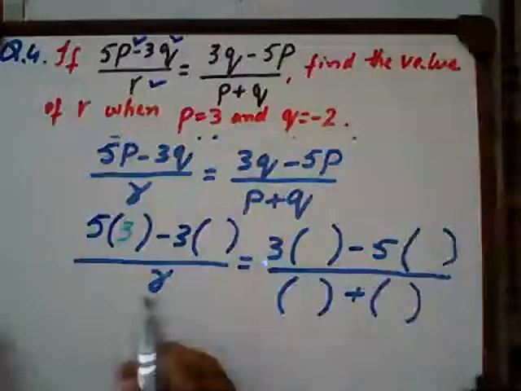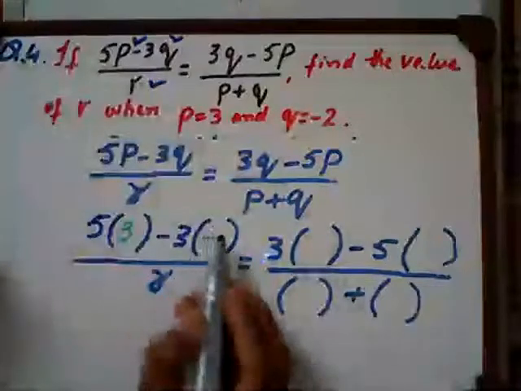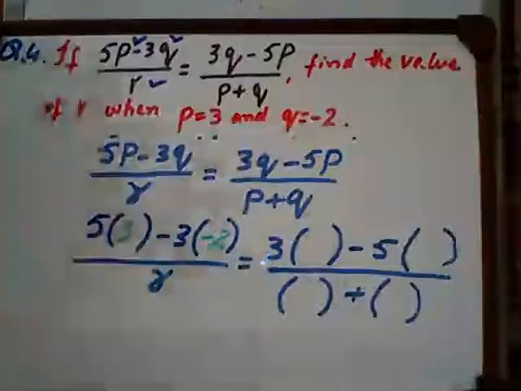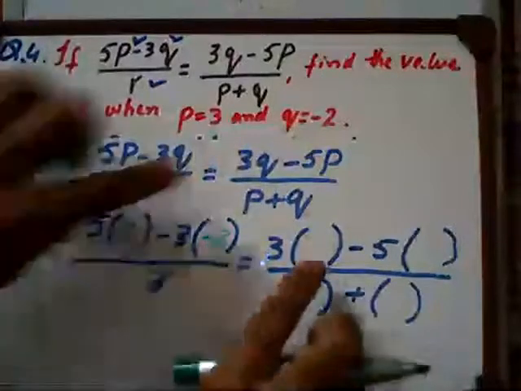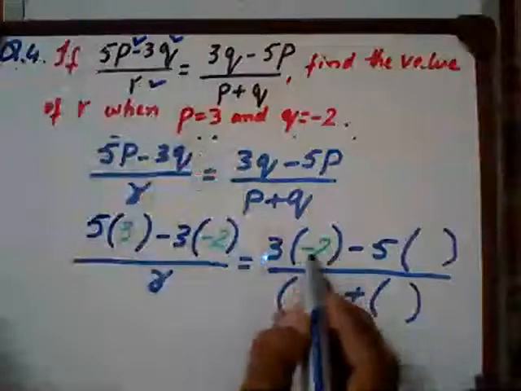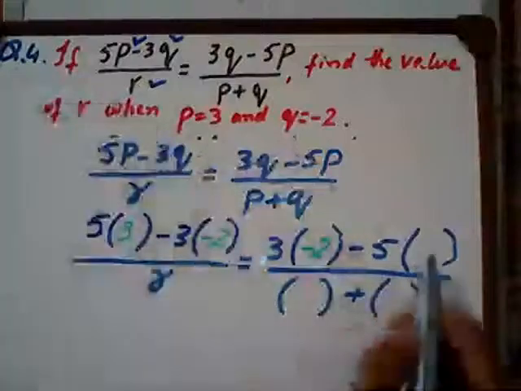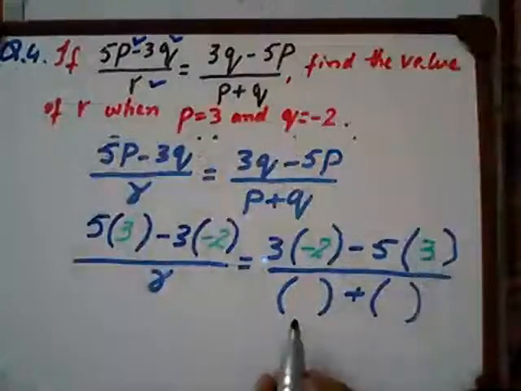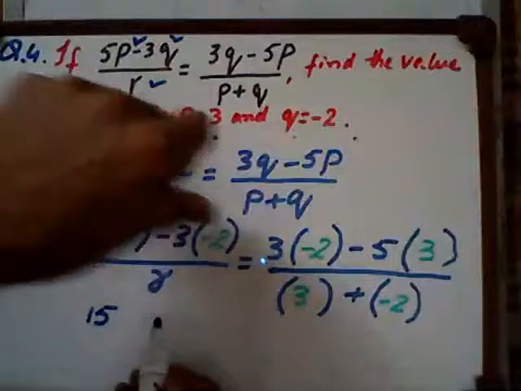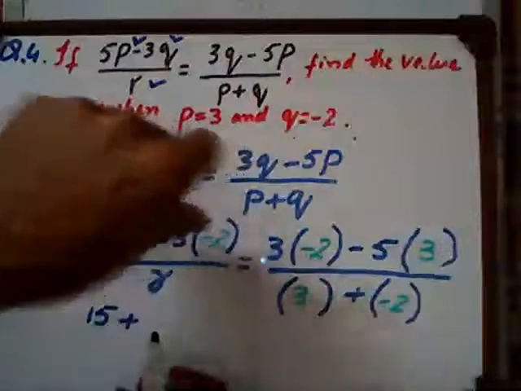Q's value is minus 2, so we are writing minus 2, and here again Q's value is minus 2, and P's value is 3, so I'm writing 3. Then the sign also: minus minus is plus, same sign multiplying plus sign.